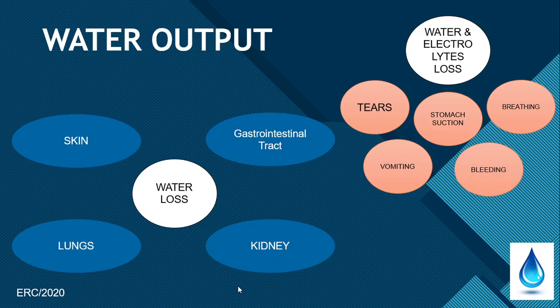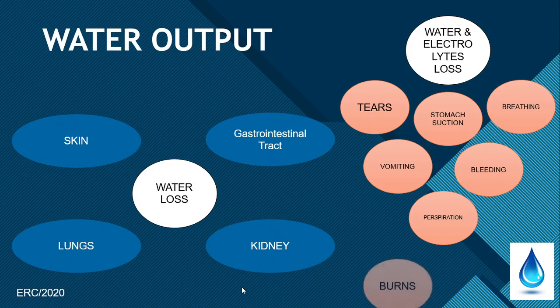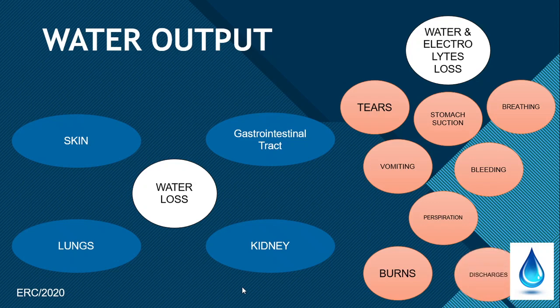Another is when a person is bleeding, water is also lost. Also through perspiration when we sweat, if we have burns or drainage from burns, and of course if we have certain discharges from ulcers, skin diseases, and injured and burned areas.